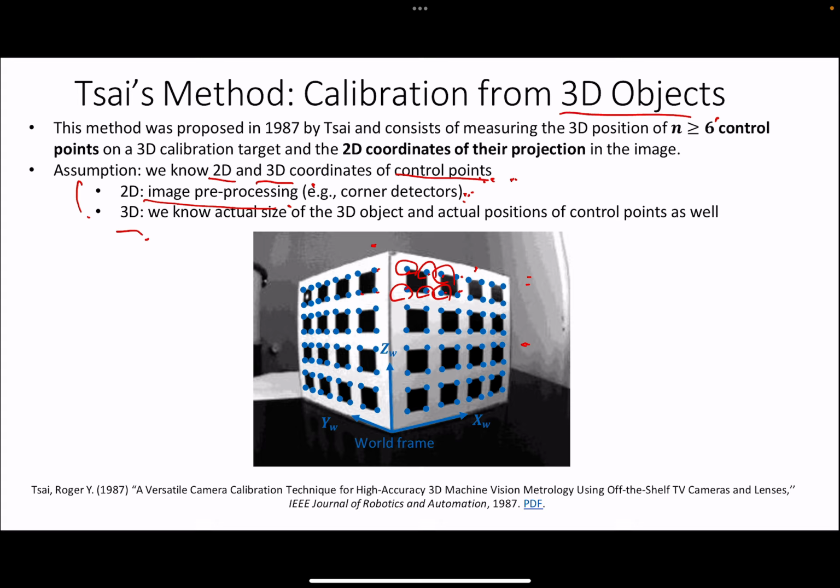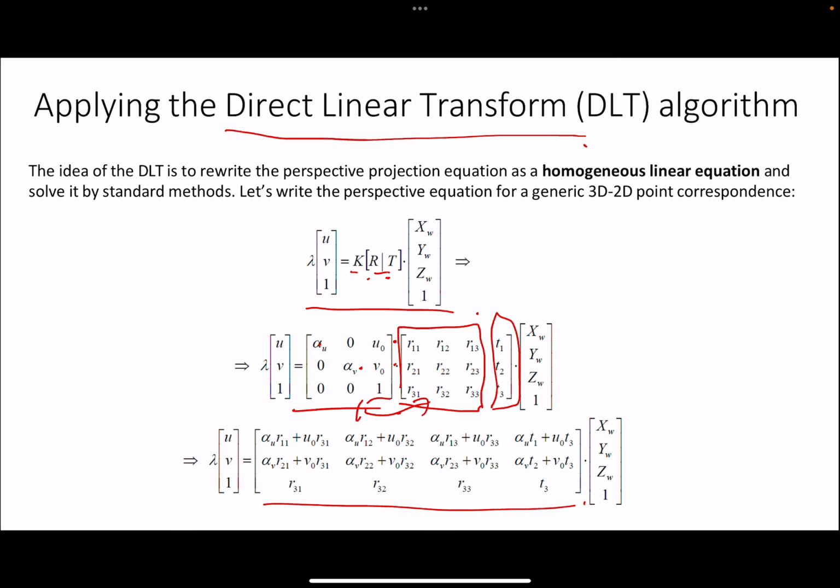Our assumption is that we prepare a 3D object, and we know the actual size and actual position of control points. We have measurements, and then we use an off-the-shelf 2D image processing algorithm, like a corner detection algorithm, so that we can make correspondences between 2D and 3D. That is our assumption.